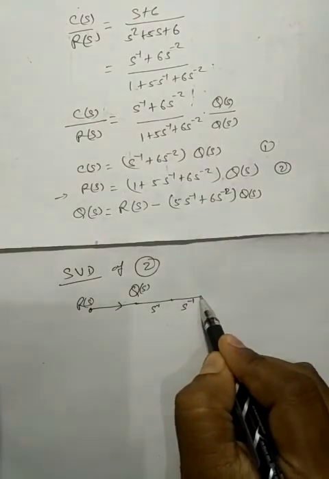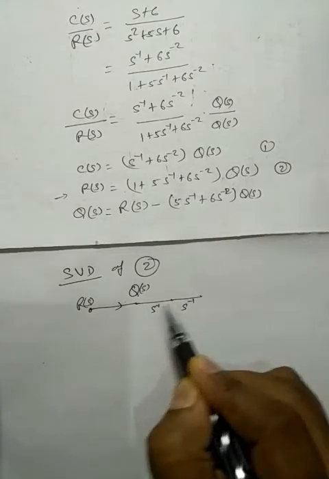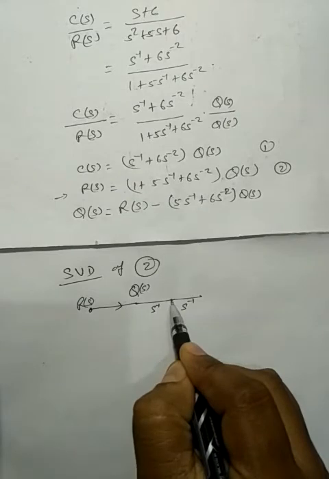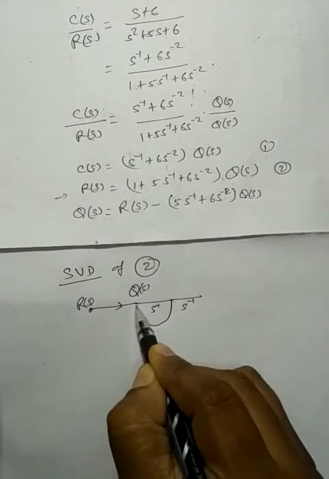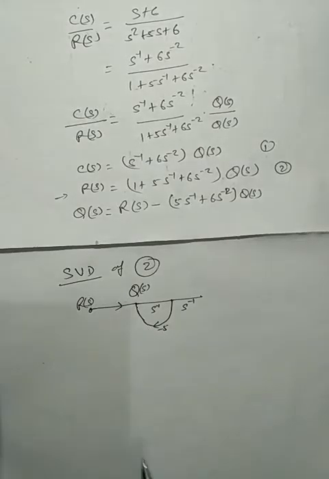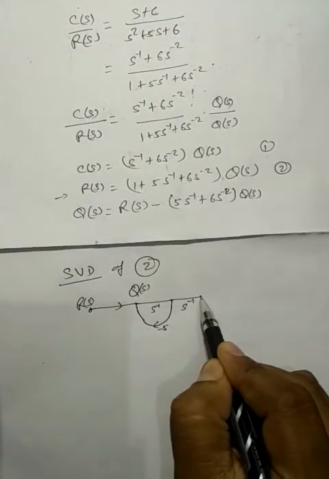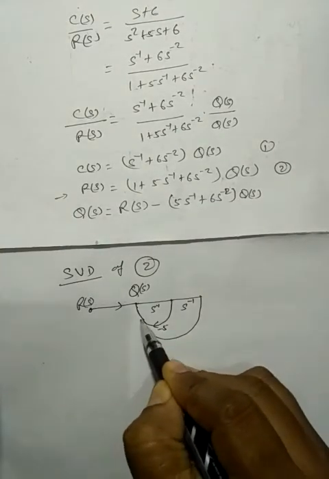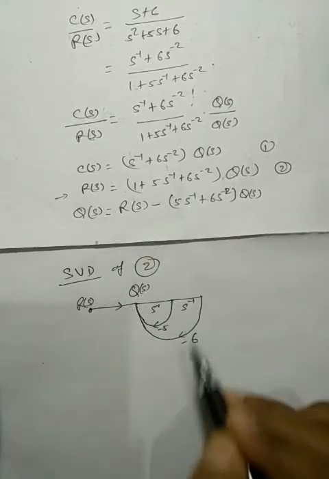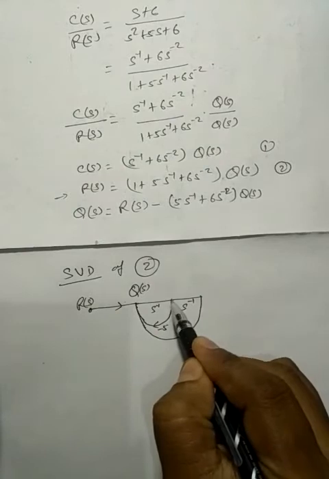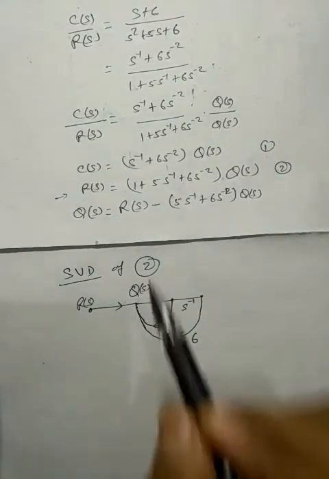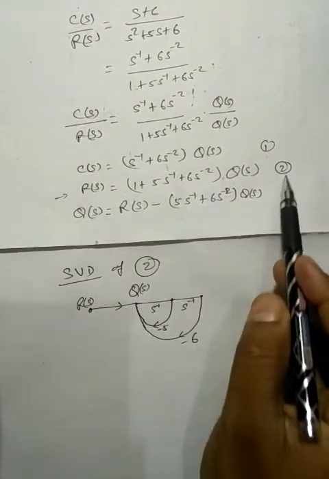So here I am getting S power minus 2 and here I am getting S inverse. From here I am multiplying minus 5 and adding it here, and from here I am multiplying minus 6 and adding it up here, right? So this is our state variable diagram for this equation.